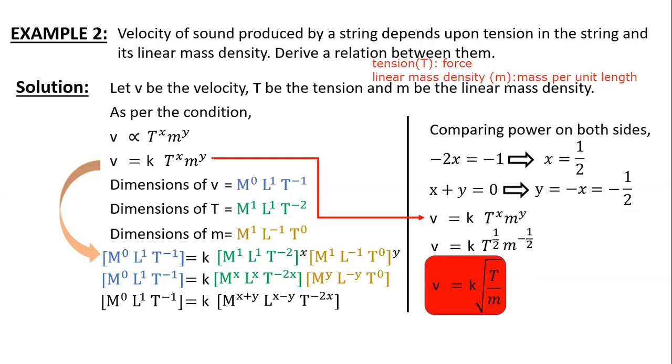So the velocity of the sound produced by that string, which is under some tension force because it is tightly attached between the two ends, and m is nothing but the linear mass density of that string. If the wire is very fine, the velocity of sound will be more. If the wire is thick, the velocity will be less.